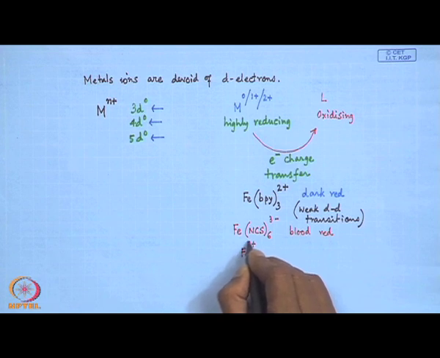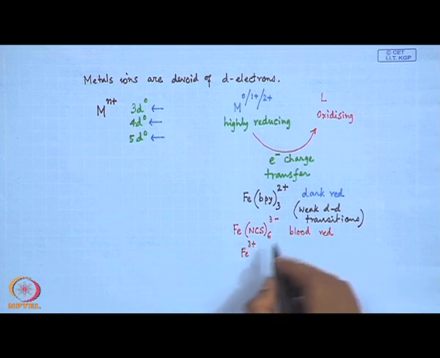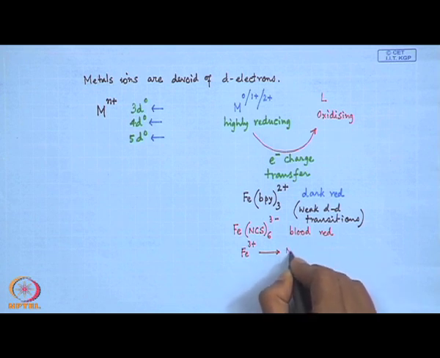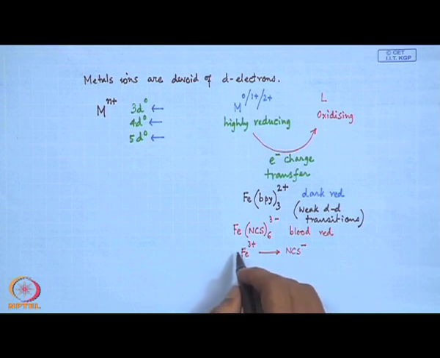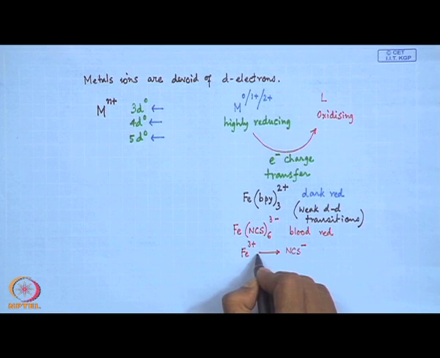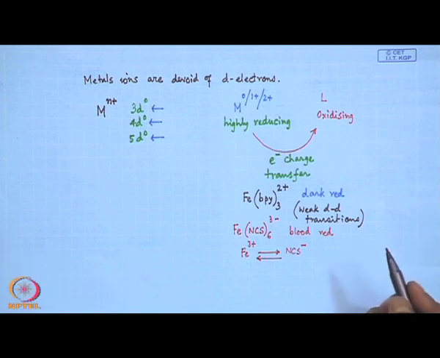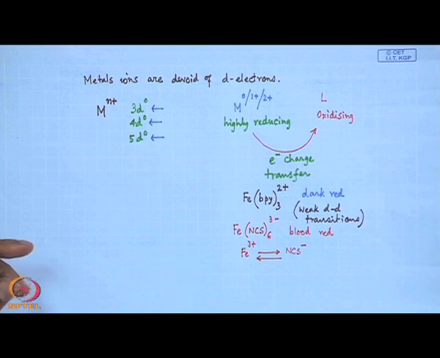Though this is not in the usual low oxidation state, iron is present as Fe3+ and NCS- is there. So, in this particular case we can have the corresponding charge density from this particular direction or in this particular direction. So, we will find out in which direction the corresponding charge transfer can take place.